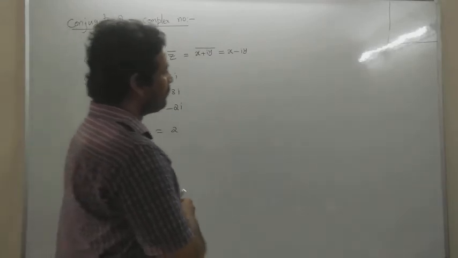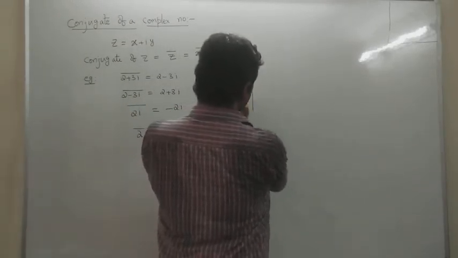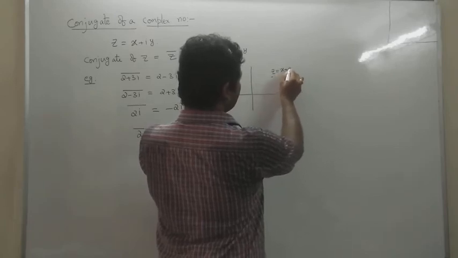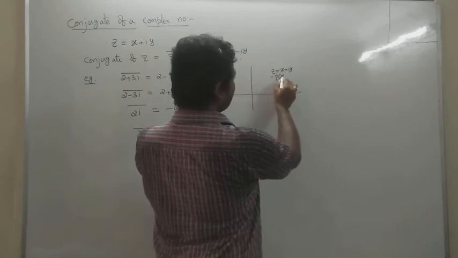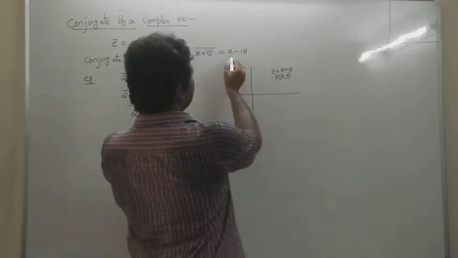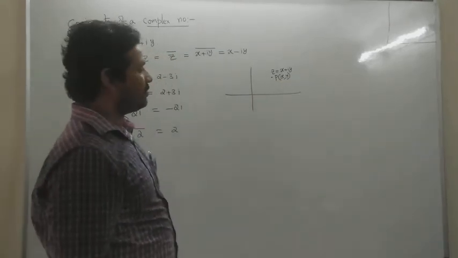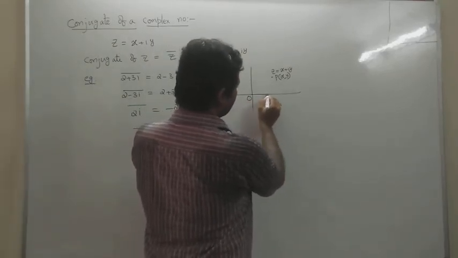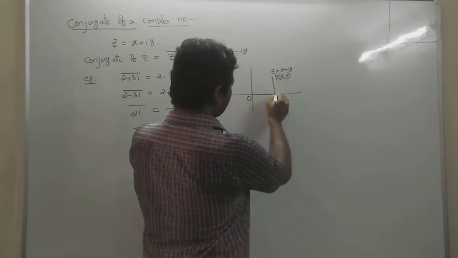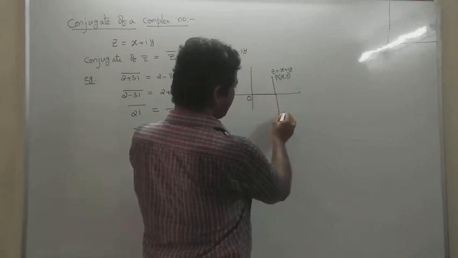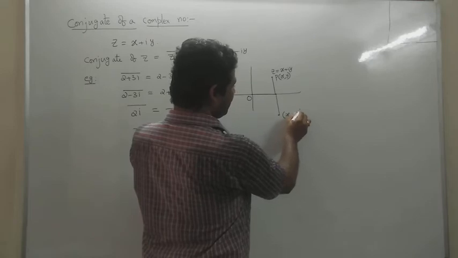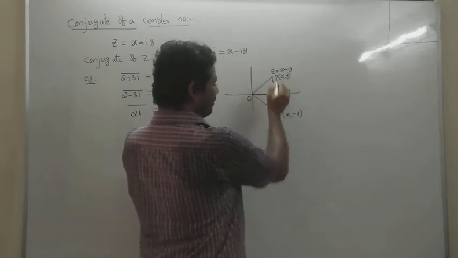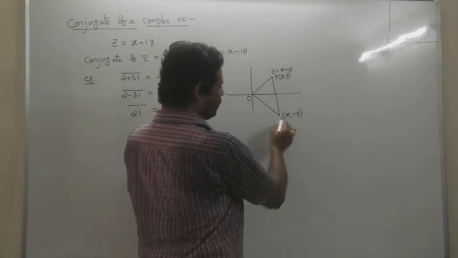And one more thing, you observe this one. Suppose this is the point z equal to x plus iy. Then this point is x comma y, and this point is x comma minus y. This is x and this is y. That point x comma minus y is z bar.